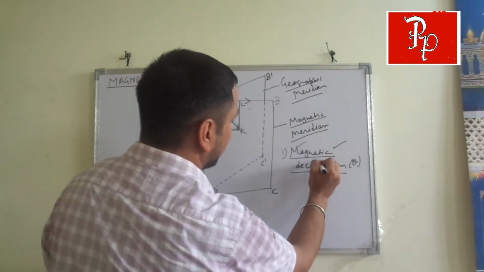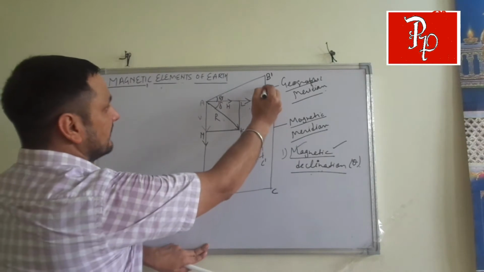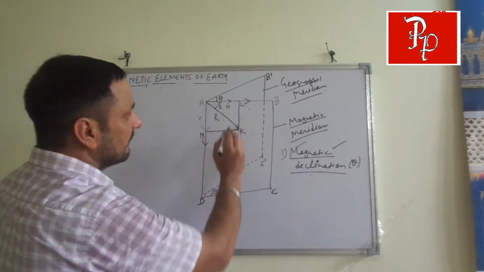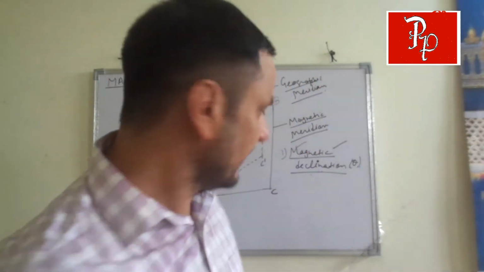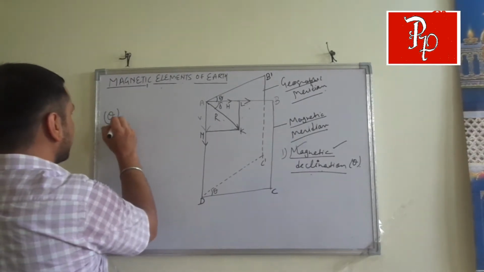The very first term which we encounter while studying this concept is magnetic declination. ये क्या चीज है स्टूडेंट्स? यू कैन सी दिस इज योर जियोग्राफिक मेरिडियन, दिस इज योर मैग्नेटिक मेरिडियन. इनके बीच में बनने वाले एंगल को हम बोलेंगे मैग्नेटिक डिक्लाइनेशन. और यू कैन सिंपली से एंगल बिटवीन, थीटा से इसको रिप्रेजेंट करते हैं.